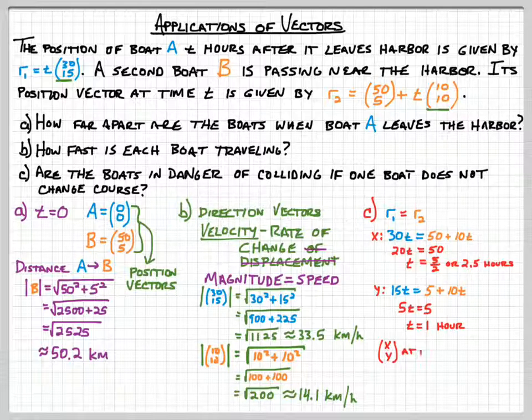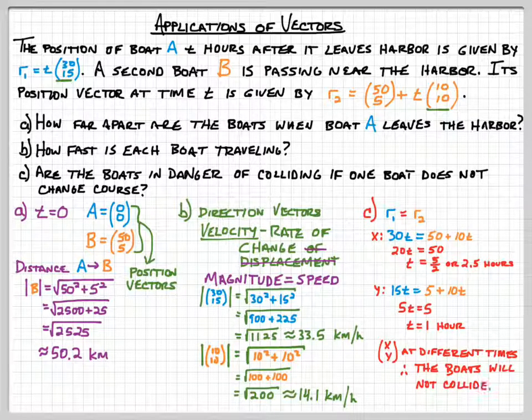But what's happening is that they're going to get there at different times, because our times don't match up. The time for our x component does not match the y component. So since we have those different times, we know that the boats are not going to collide. They're not in danger of colliding with each other.